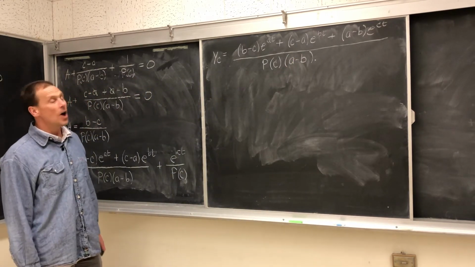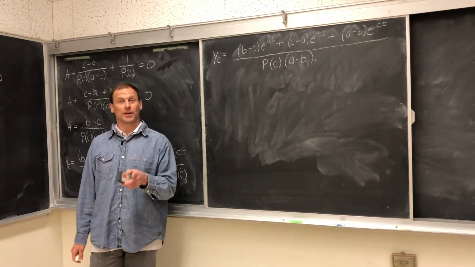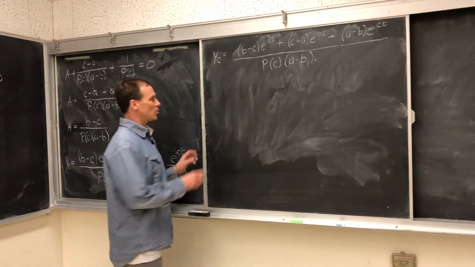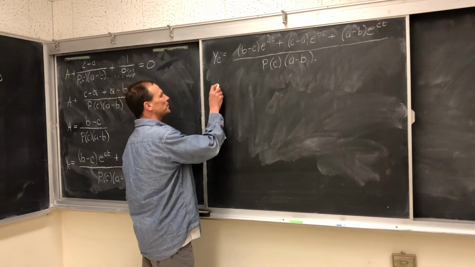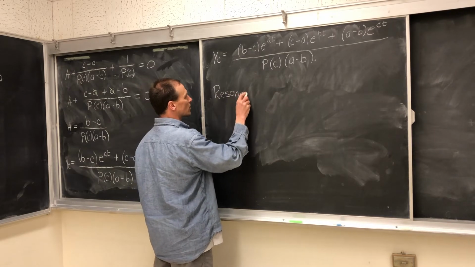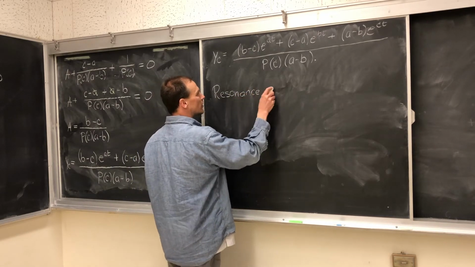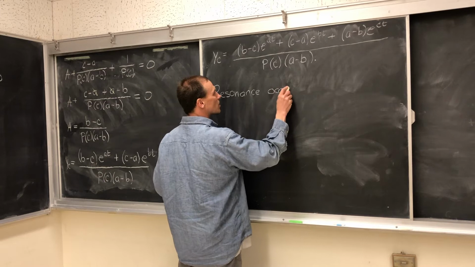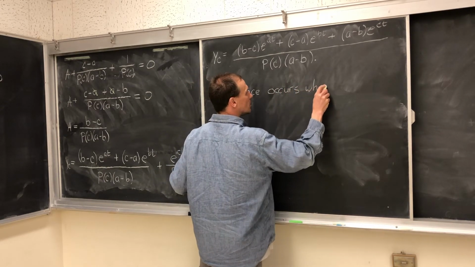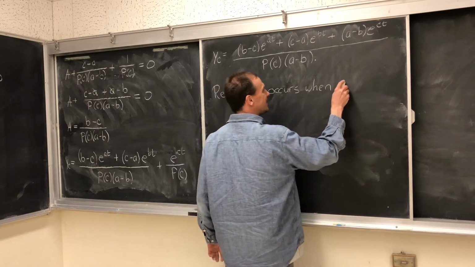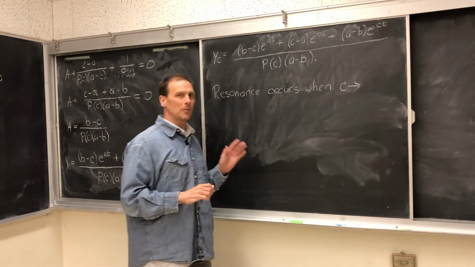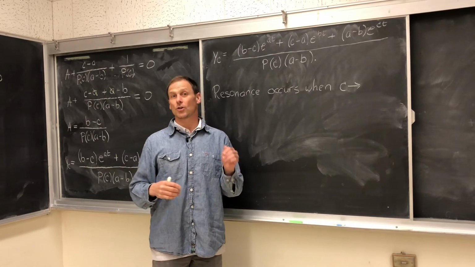What do we got? Oh, I remember the problem here. What we're interested in is resonance. So, resonance occurs when C approaches one of your null solutions.